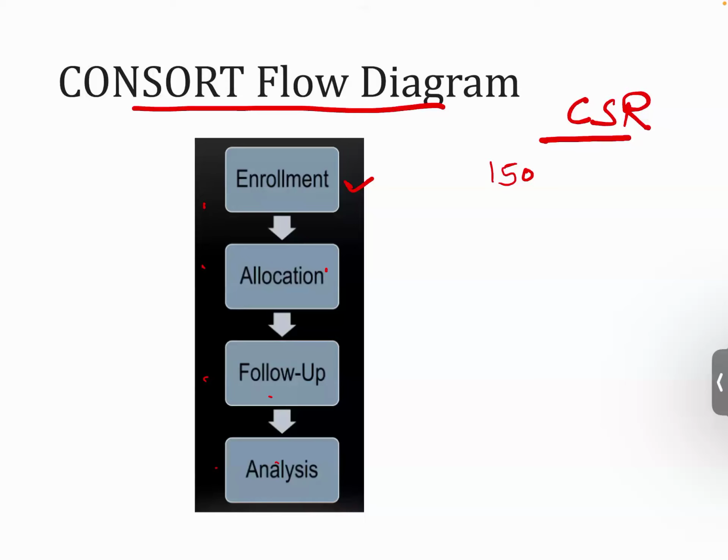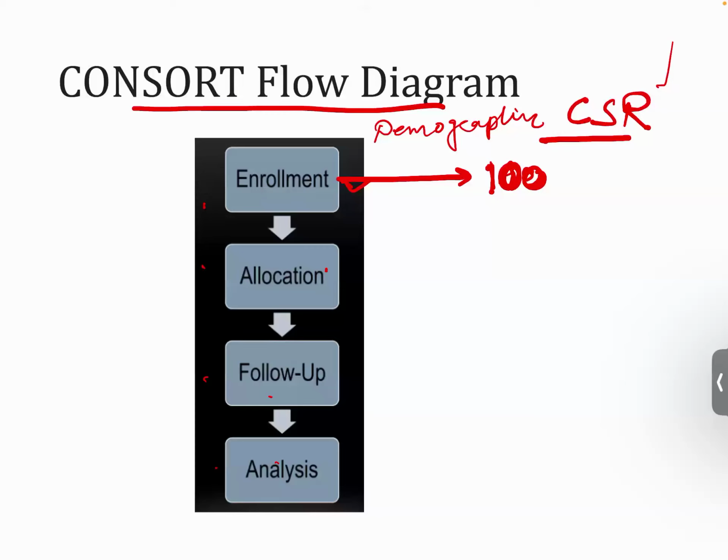So suppose, take 100 only, easy to divide. 100 patients are enrolled. This is also known as demographic information, the demographic table. If you read a CSR, a clinical study report, this will fall under demographic information.